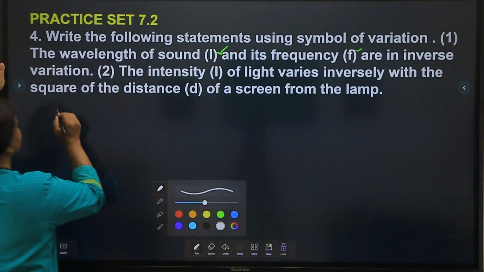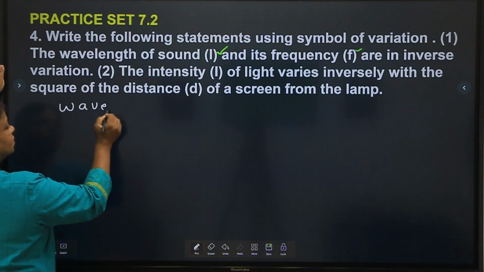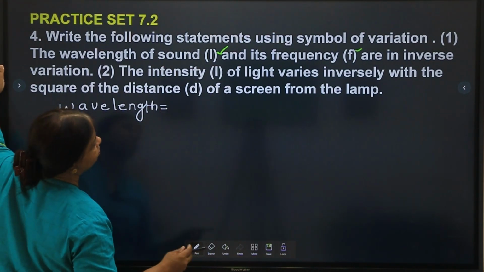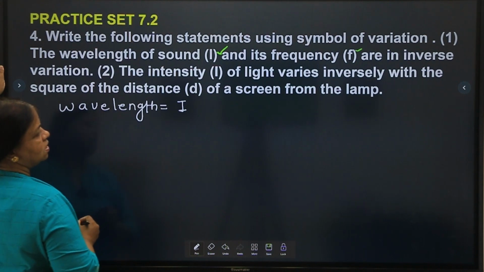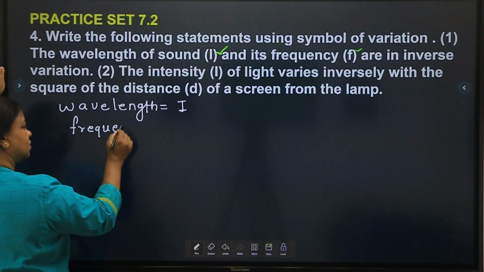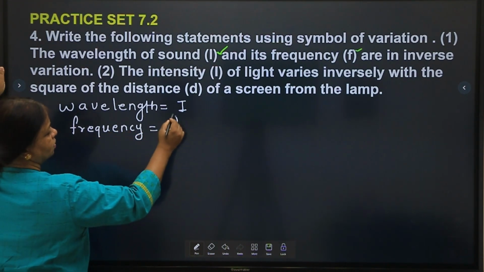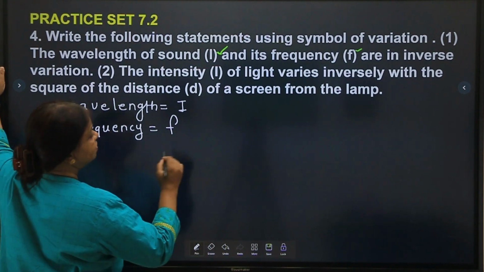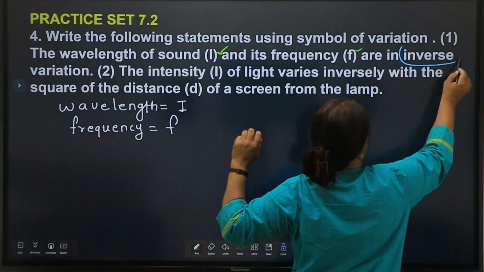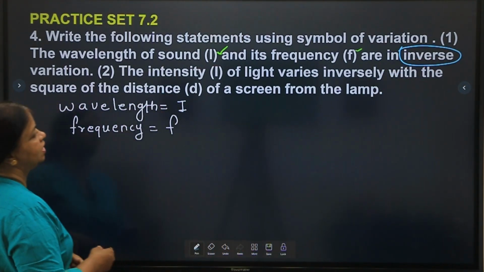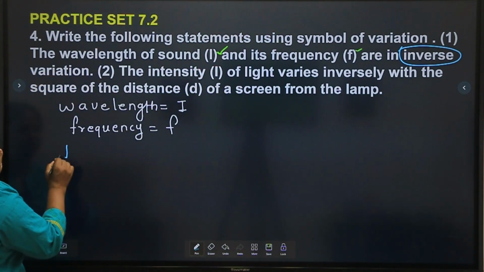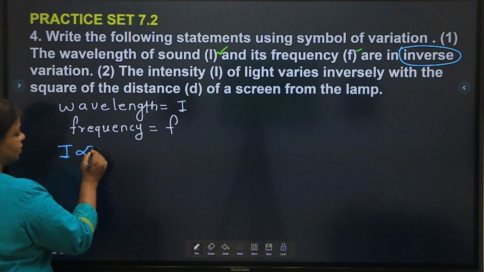So given wavelength is equal to L and its frequency is F, inverse variation. Both the quantities are in inverse variation. L is in inverse variation to F. So I will write here L varies inversely to F.